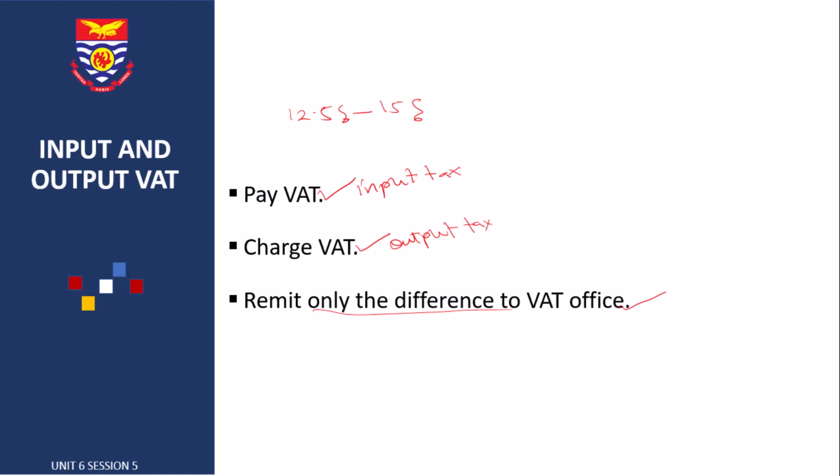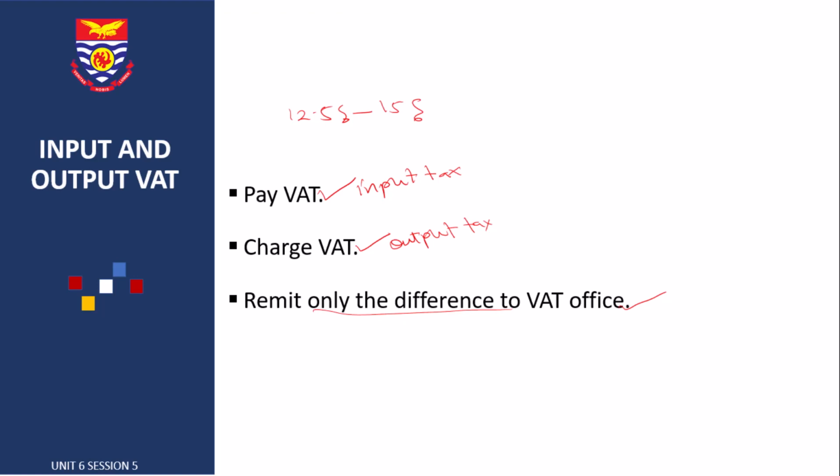And we have the COVID levy, which is 1%. These levies are calculated on the chargeable amount. Note that items that attract a zero rate of VAT also attract a zero rate of GETFund, NHIL, and the COVID levy.